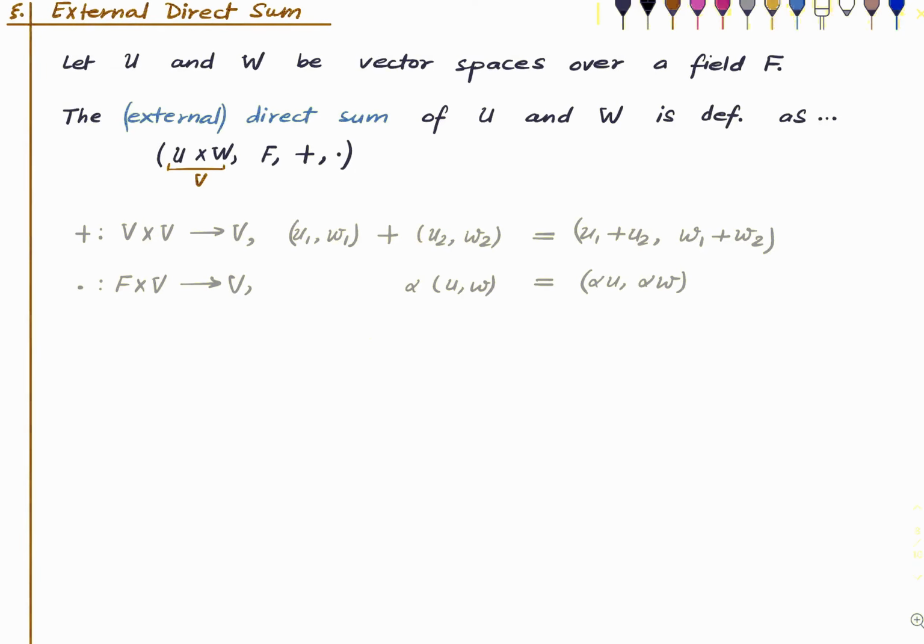So I should write for all U1, U2, etc. And I'm not doing that. Okay. So this is how we define the addition and scaling operations, and you can check that this is a vector space over F.